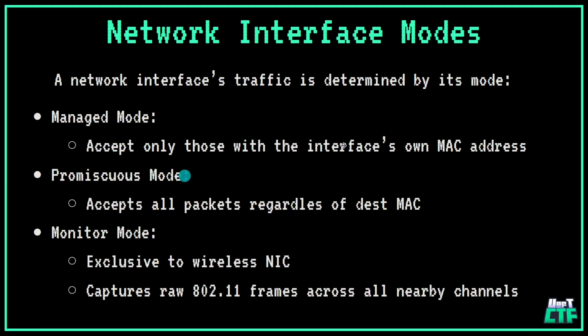But if you want to capture the packets that other people are sending, you can use promiscuous mode, which would pick up all of the packets regardless of the destination MAC address. And if you want the ability to capture the rawest frames being sent across the network, the raw Wi-Fi frames, you can set your network interface card to monitor mode.